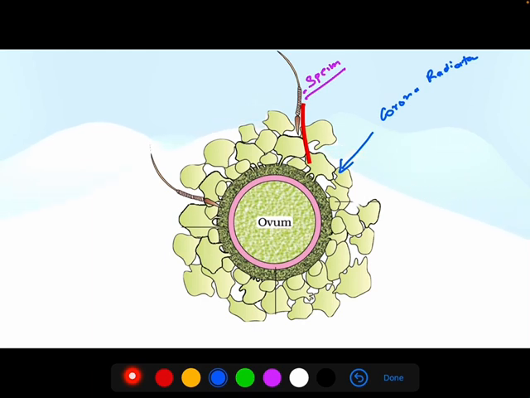The outermost layer is the corona radiata. Then we have the zona pellucida, and then we have this perivitelline space.